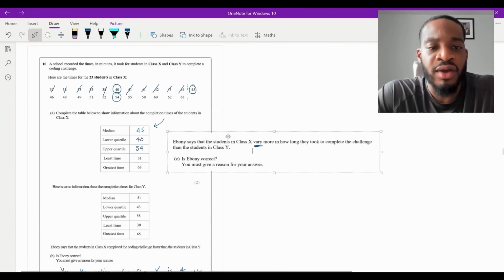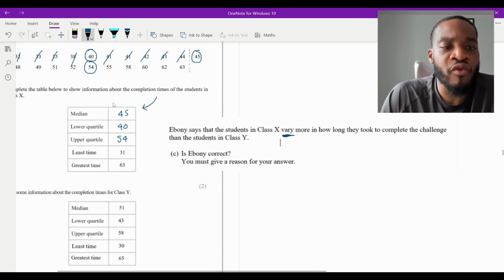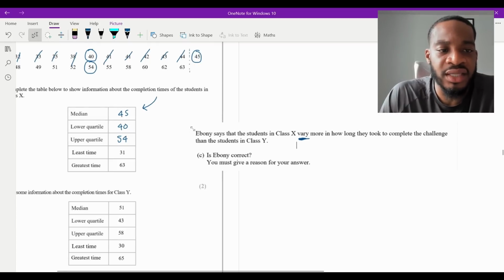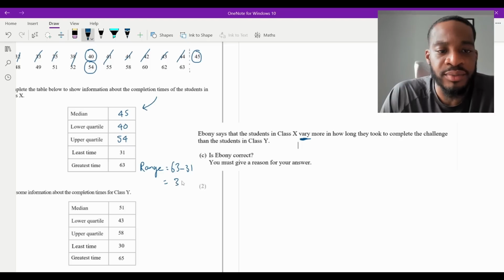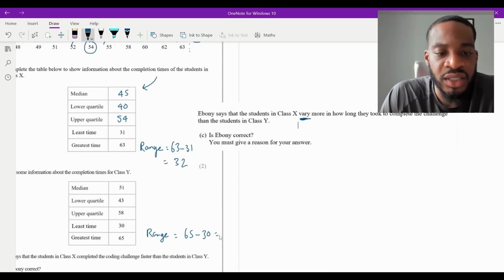So for vary, we need to look at the range. What would the range of class X be? It's going to be the greatest time take away the smallest time. The range is going to be equal to 63 take away 31, which is just 32. And the range for class Y is going to be 65 take away 30, which is equal to 35.